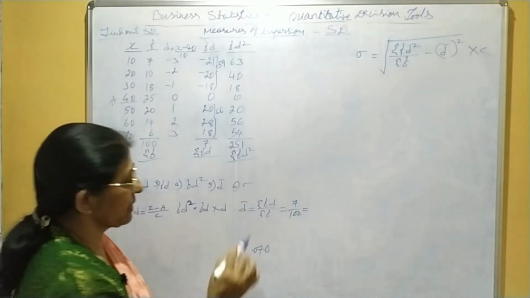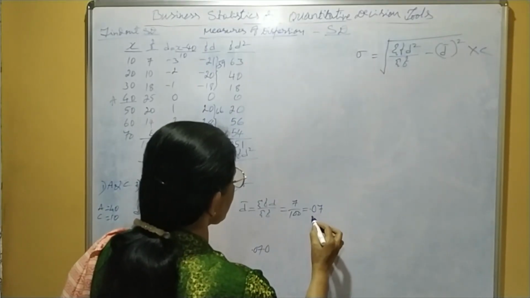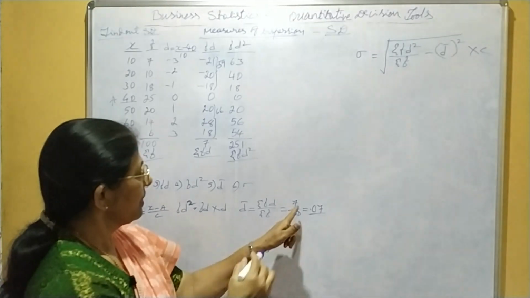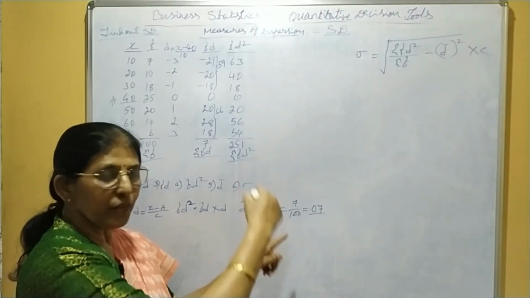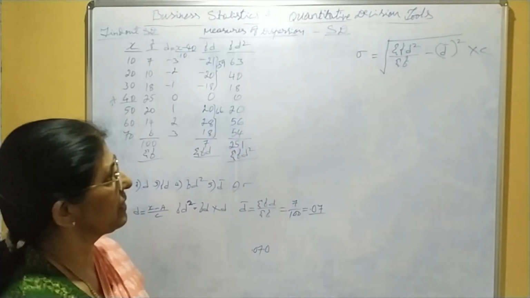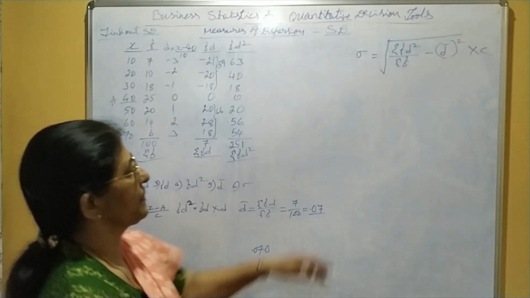That is the shortcut method, must be known to you. Equals 0.07. Okay. If it is multiplication, then we will shift so many places of zeros to the right side. Okay. It is d bar equals 0.07.